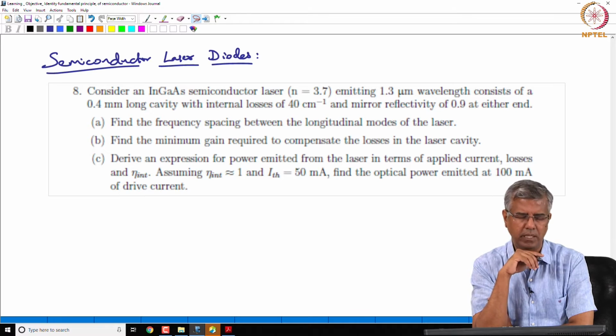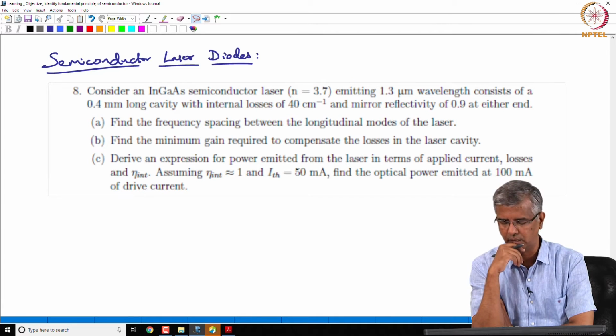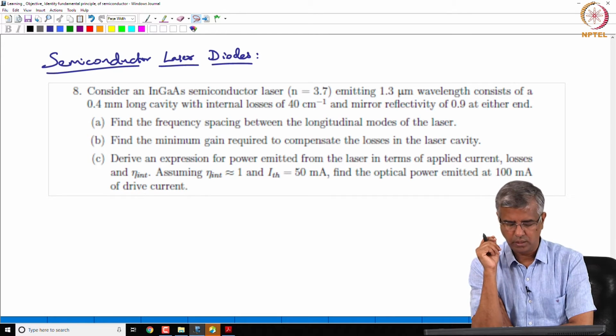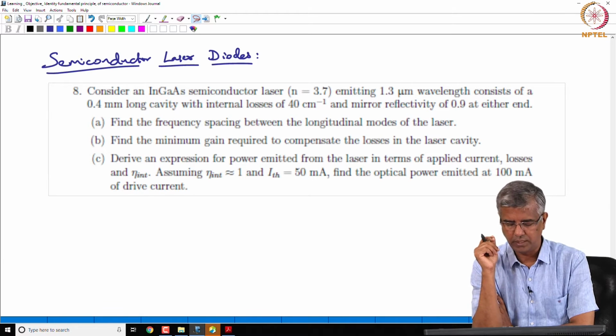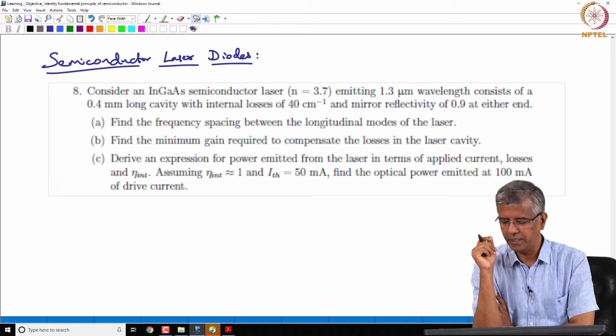So, you can imagine that the band gap energy for this material corresponds to a wavelength around 1.3 microns, and it consists of a 0.4 mm long cavity, that is basically a 400 micron long cavity, with internal losses of 40 inverse centimeter and mirror reflectivity of 0.9 at either end.